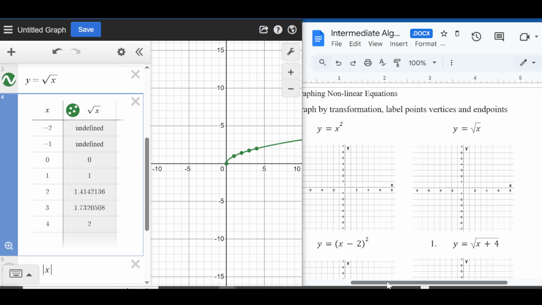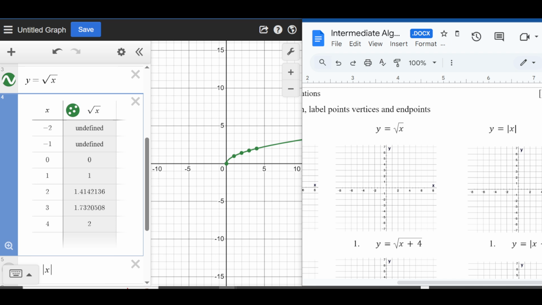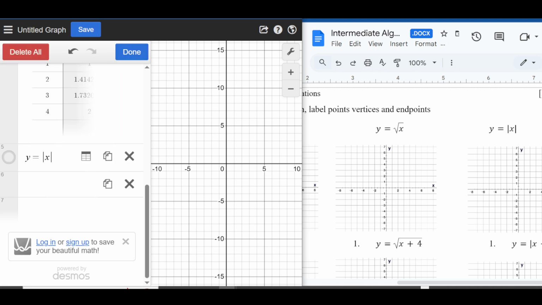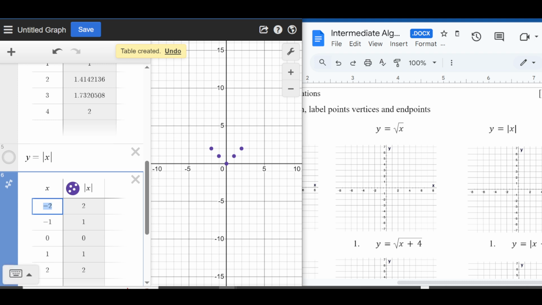Okay, lastly, let's look at the equation y equals the absolute value of x. Let's get rid of those. And there we go. Let's make a table for that. We'll click here, go to the settings or the gear here, and we'll make a table for that.